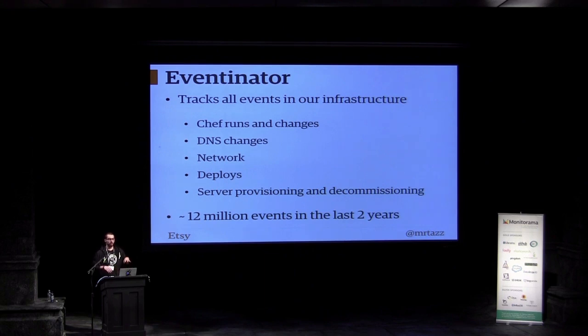It tracks all the changes and all the things going on in the infrastructure. So Chef runs add all their data in there. When we change a cookbook in Chef, there is a record of that in Eventinator. DNS changes, network changes are in there. All the deploys are recorded in there. And also if we provision or decommission service, that is an event in Eventinator.